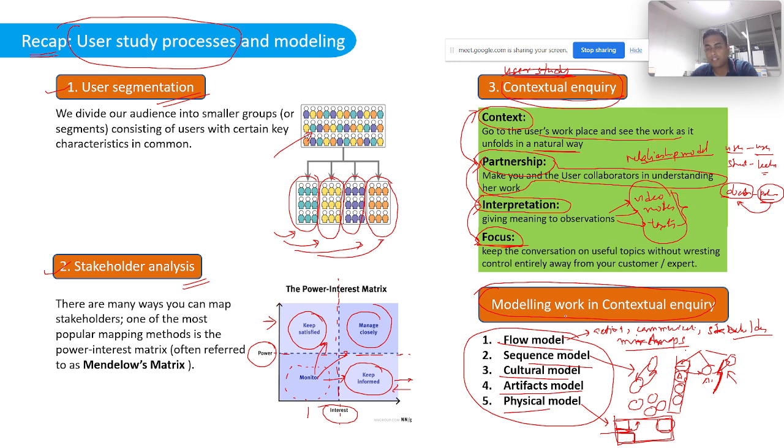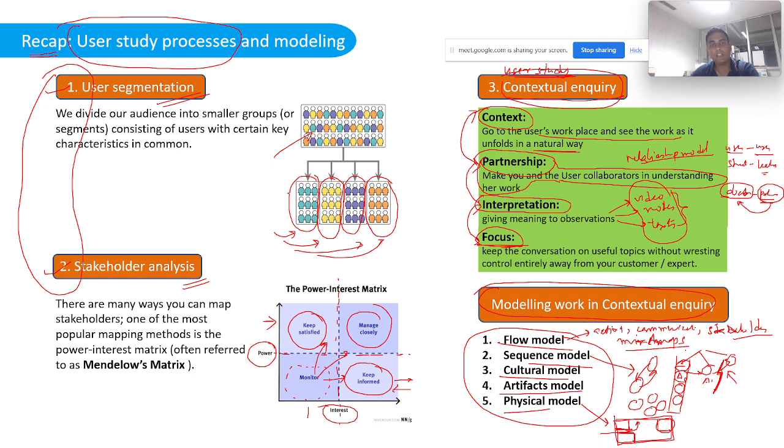So these two phases are common. Phase one and phase two are common. That is user segmentation and stakeholder analysis. So whether you do other kinds of user studies like focus groups or interviews or think-aloud protocol, you need to do user segmentation.